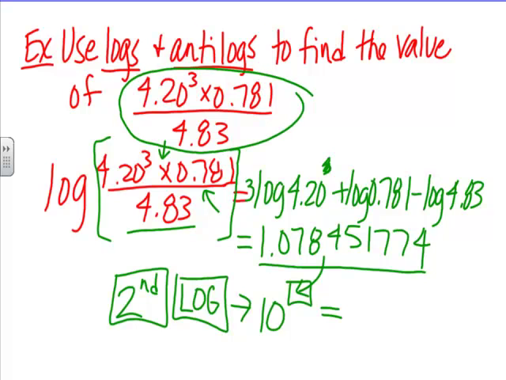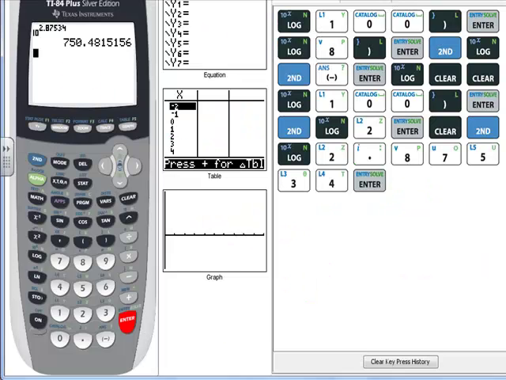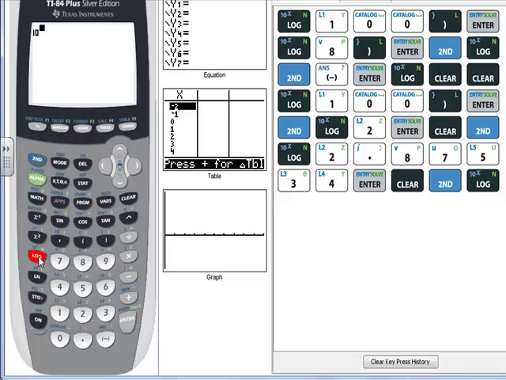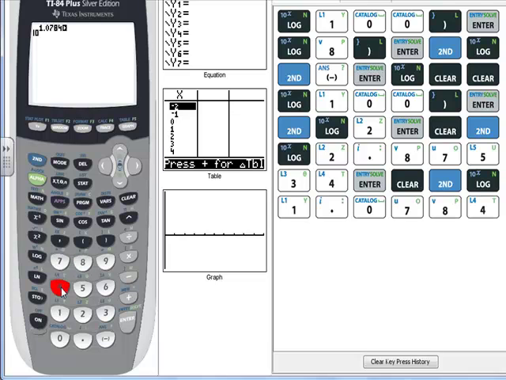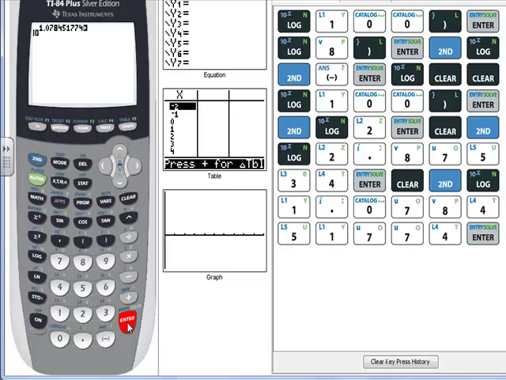So I'm going to come on over to my calculator and do that. If I hit second log, notice I get the 10 served up with the exponent, and I'm going to type in 1.078451774 and hit enter. And out comes 11.979, etc.